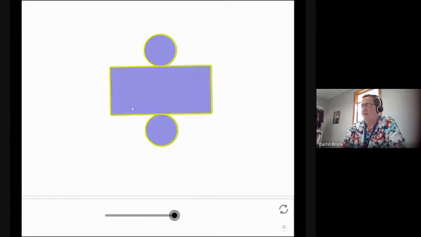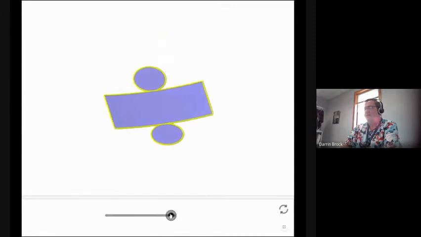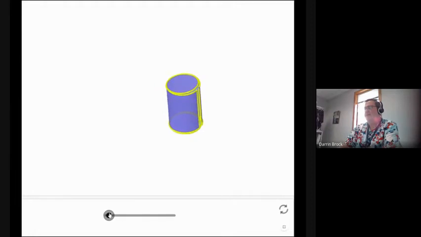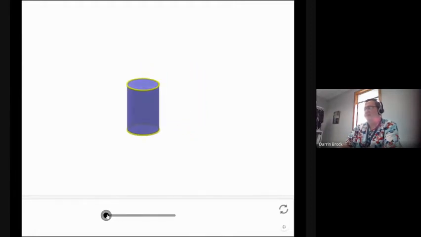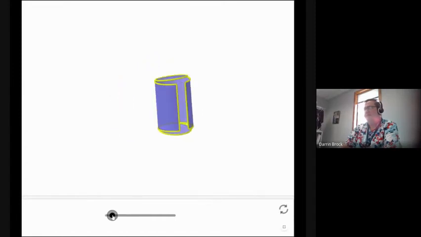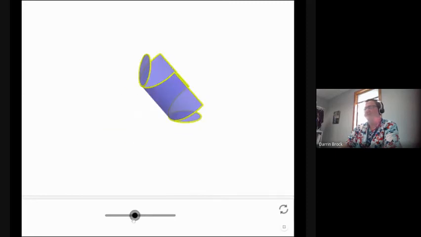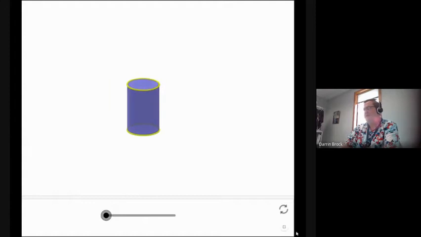And the length of that rectangle is exactly the same as the circumference of the circles, because when we fold it all together, it has to make exactly the same circumference as that circle did. So you can see that as we take it apart. It is exactly the same. But that is the shape you need right there to make a cylinder.